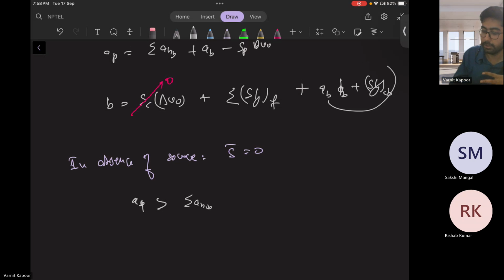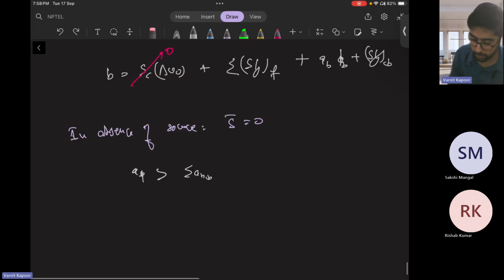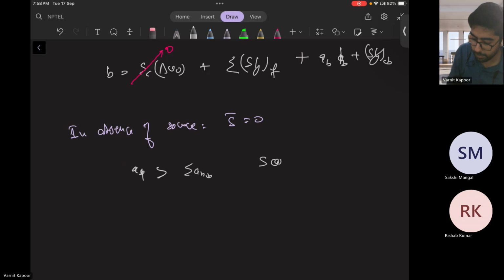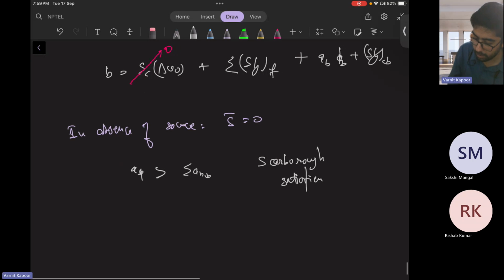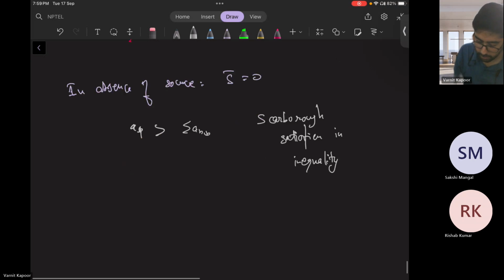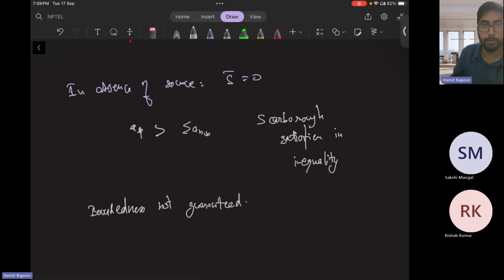Again, it has some secondary gradient values here. Boundedness is not guaranteed, as phi b is not assumed to be bounded by the neighbors.